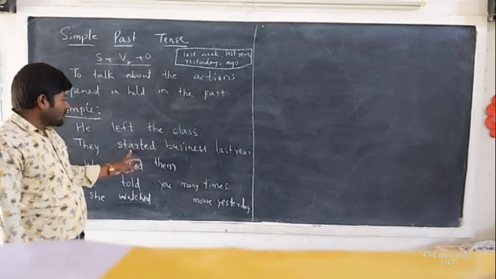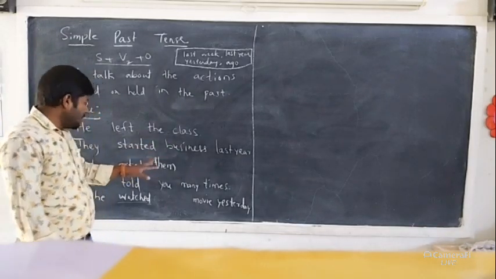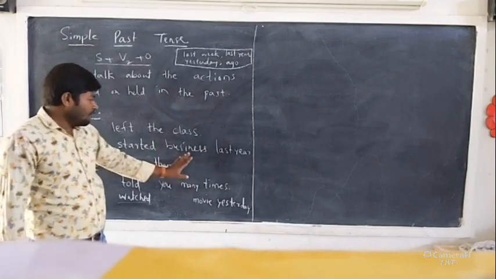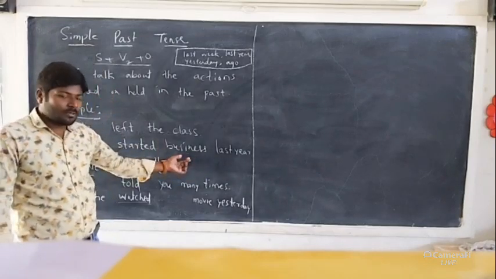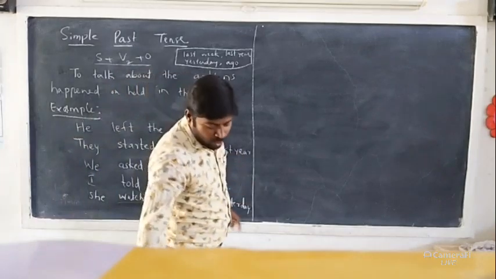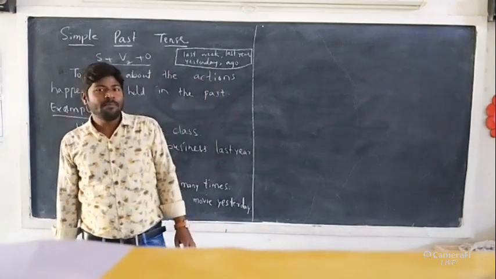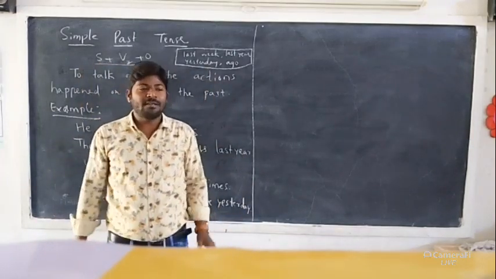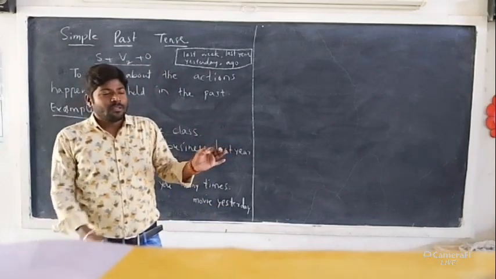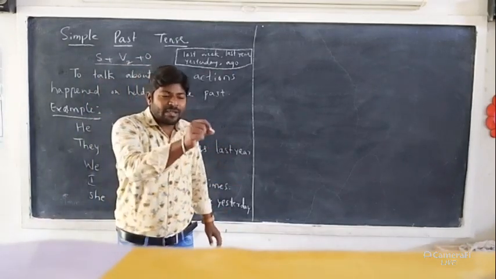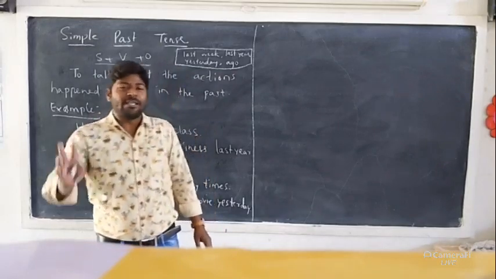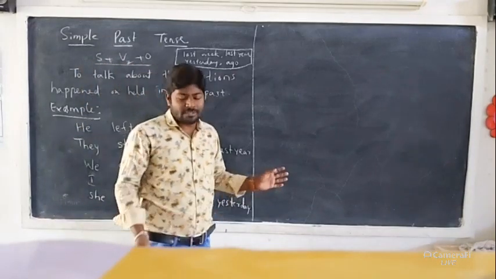The word which follows the verb is called an object. Remember this. Actually, you won't get questions like what is subject, what is object in the examination, but you should have an idea. You should be able to identify each and every word with its definition. Then only you will get perfection.